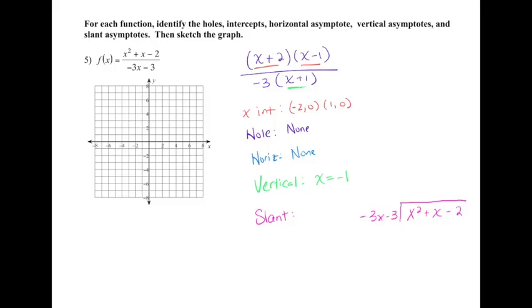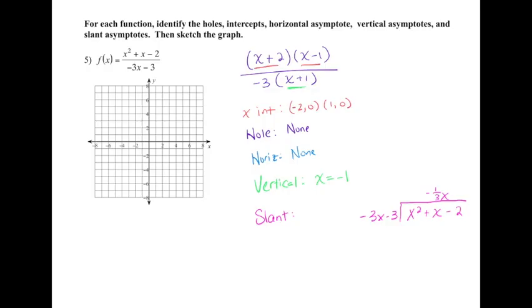We're just going to do long division here. That's fine. -3x times what equals my x squared plus 1? Yeah, we're going to have a -1/3, which you can for a linear, right? That's okay. All right, so we have -1/3 x. Yes, it's hideous. It's okay.